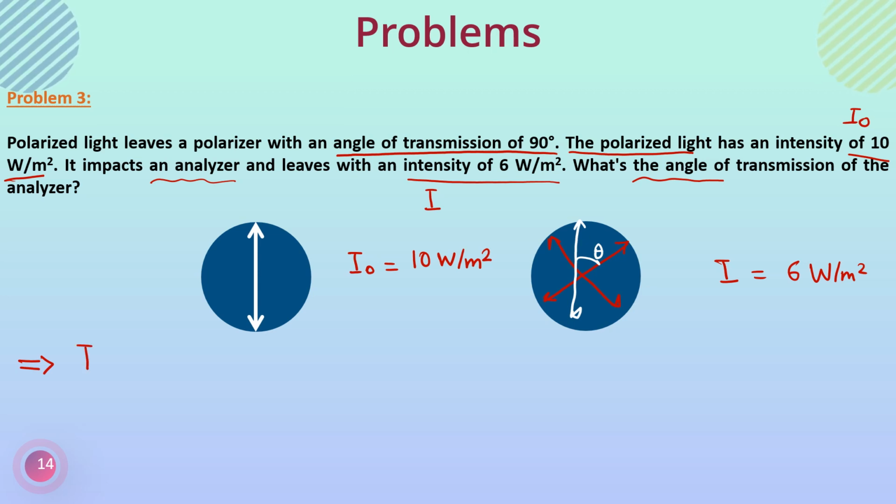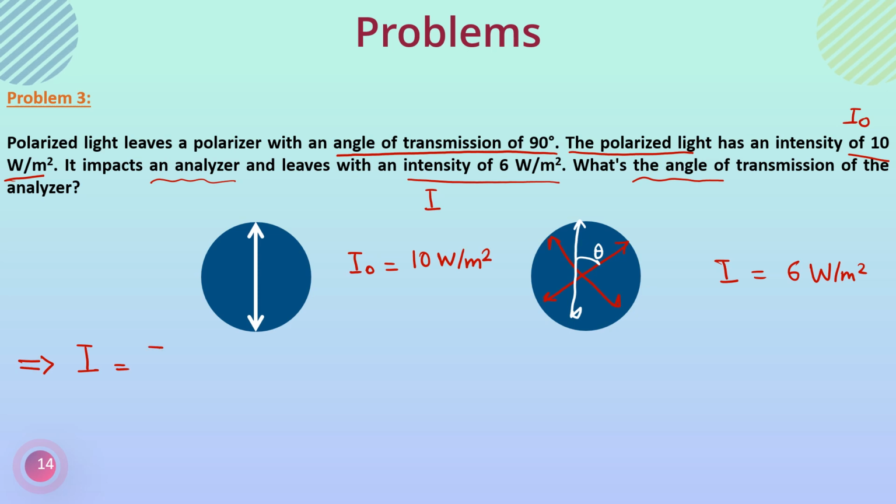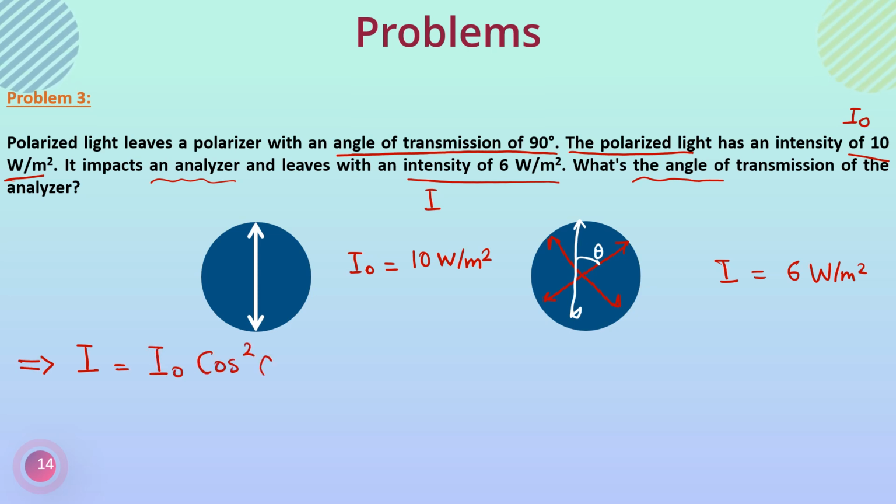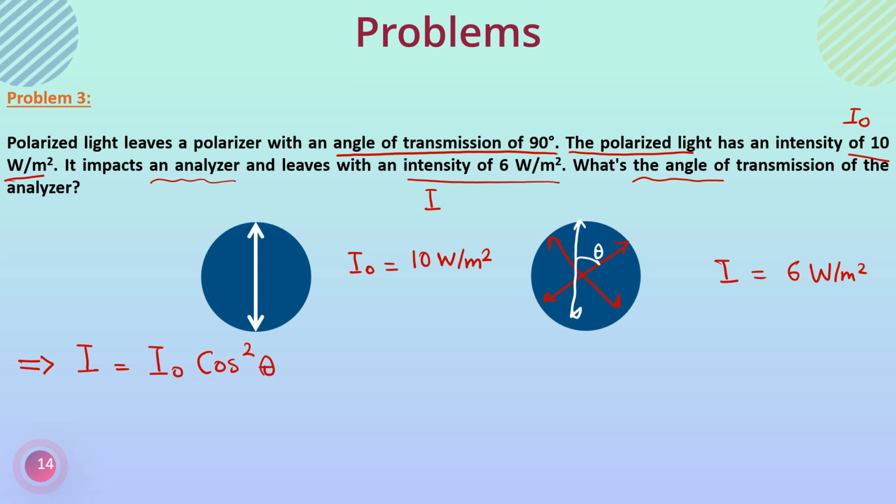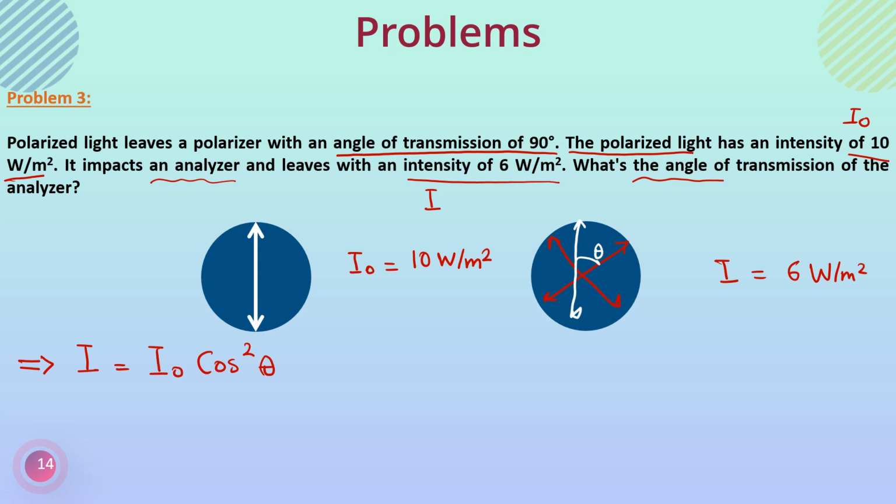Our formula is I equals I naught cosine square theta. Don't forget the square, because most of you forget it. It's cosine square. Our objective here is to find the angle theta, so we need to find cosine theta.